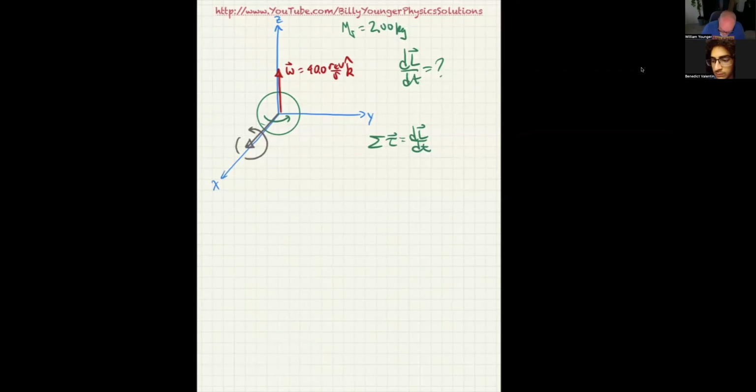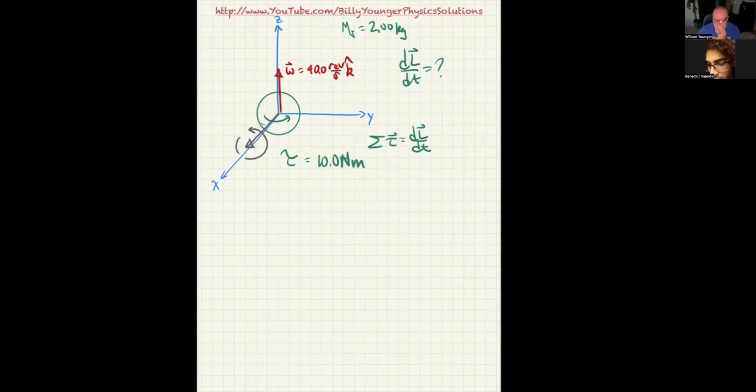They said the torque was 10.0 newton meters. Sorry, I don't know why I said newtons per meter. Newton meters, that's the torque.